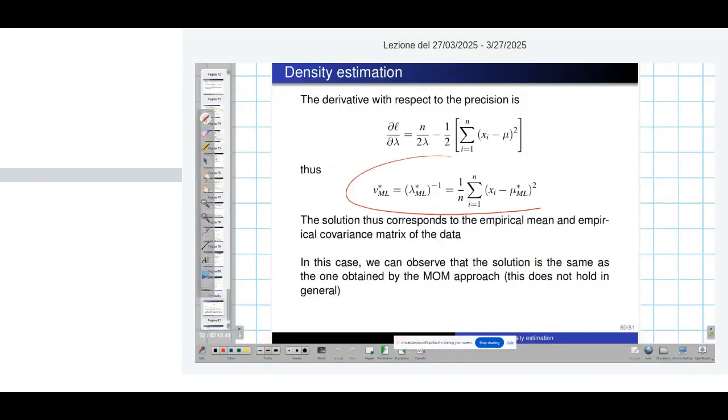Then, if we look at the variance, we solve for lambda. The solution will tell us that lambda to the power minus 1 should be equal to this expression. But lambda to the power minus 1 is the variance. So what we'll get is a solution for the variance, which is the empirical variance of the data.